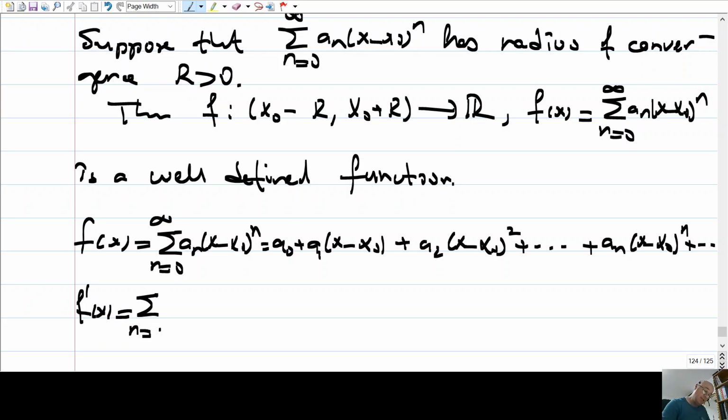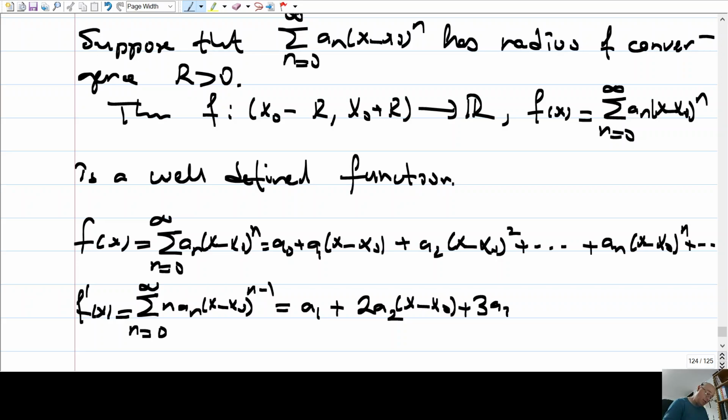You just take derivative of each term, so this is just n times an x minus x0 to the power n minus 1. So if I take derivative here, a0 will give me 0, of course. I will have only a1 here, and then 2a2 x minus x0, and then 3a3 x minus x0 squared, and it will go like this, n times an x minus x0 to the power n minus 1, and so on.